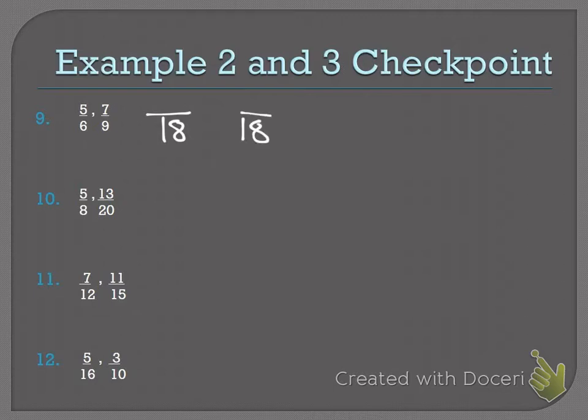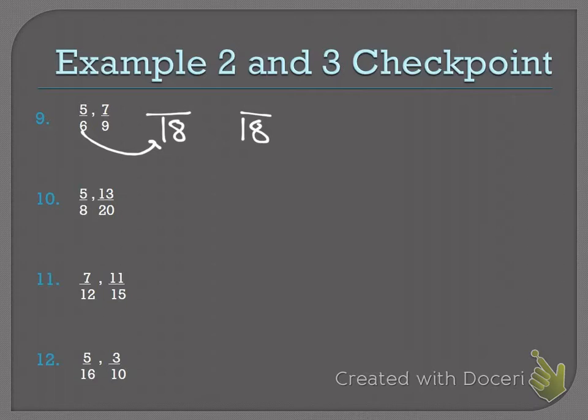But now, how do I figure out what my numerators are going to be? How do I know? Jonathan? You divide 18 by 6 and 9, and you would know 6 goes into 18 3 times, so you multiply 5 by 3. Yep. All right, very good. So, how did I get from 6 to 18?